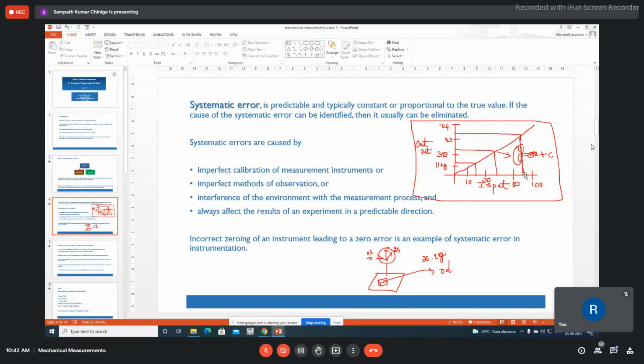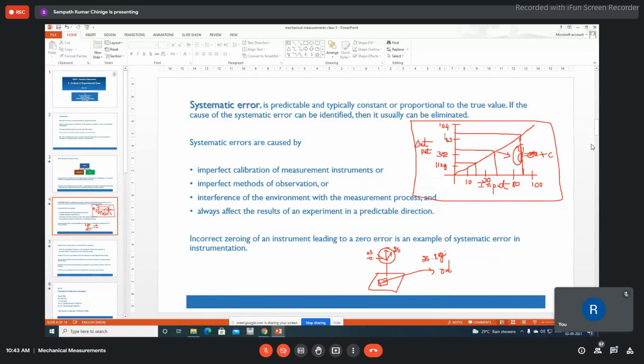And then for 100, you've got some 104, for example. See how much it is increasing: at 10 kg it has increased by 1, when it comes to here it has increased by 2, here by 3, and here by 4.